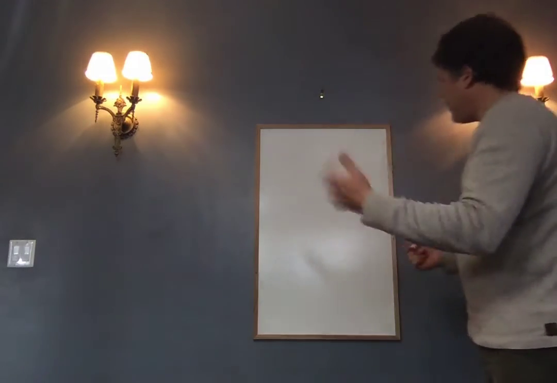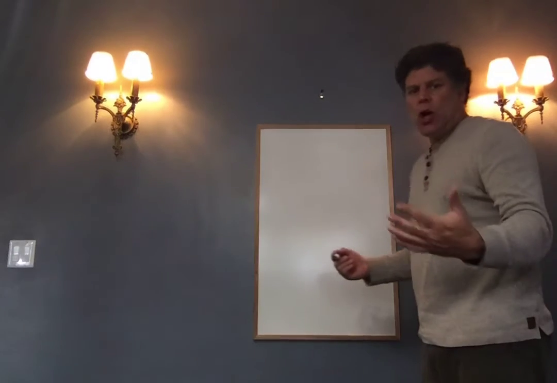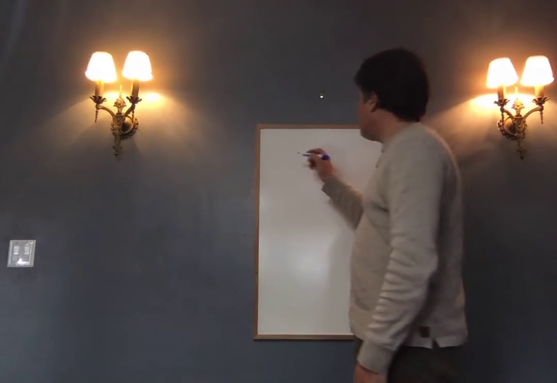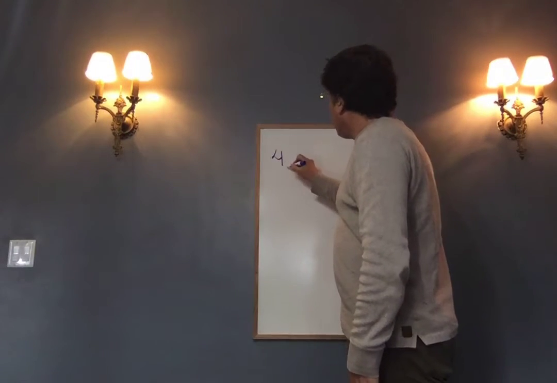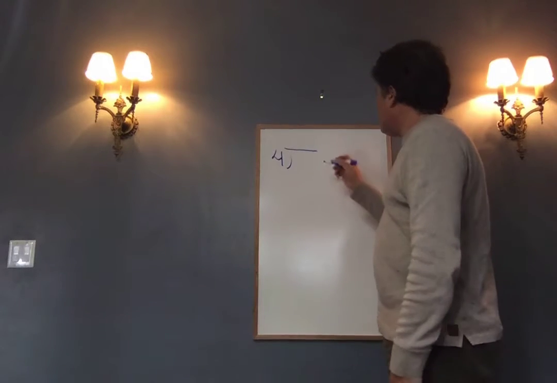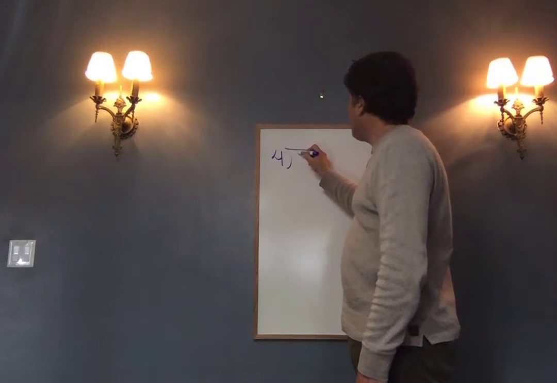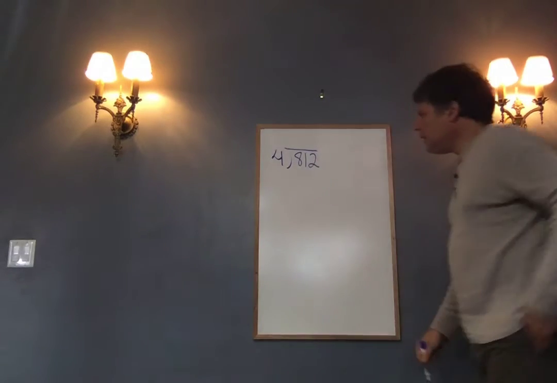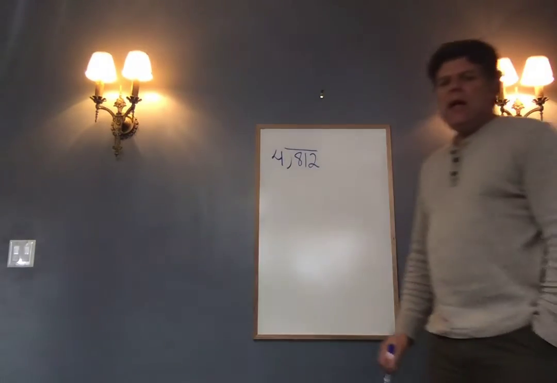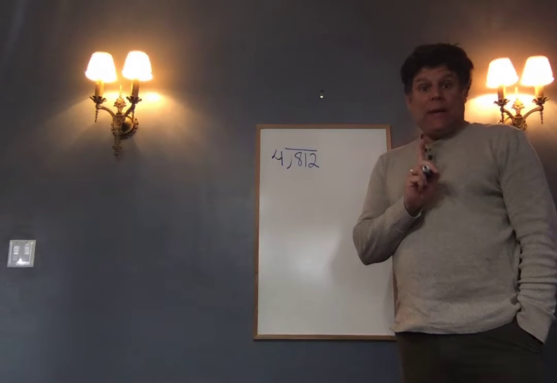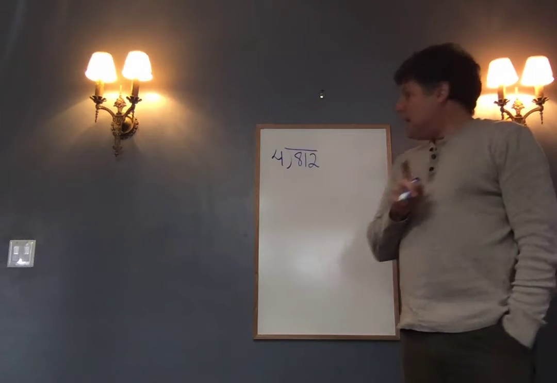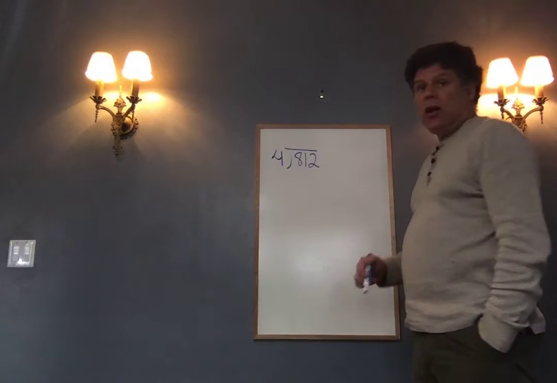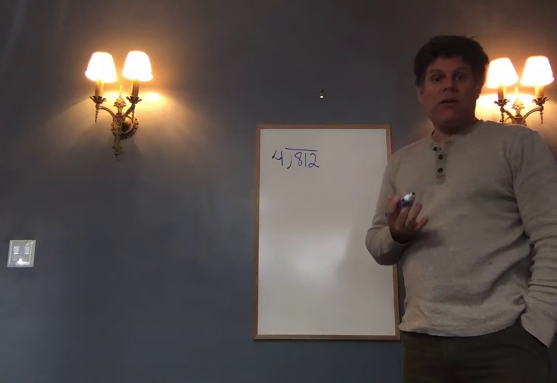So let's take a fairly straightforward long division problem. Let's go 4 divided into 812. So you do 4 divided into 812. Remember the first thing you do is you write down in the column your 4 times tables.